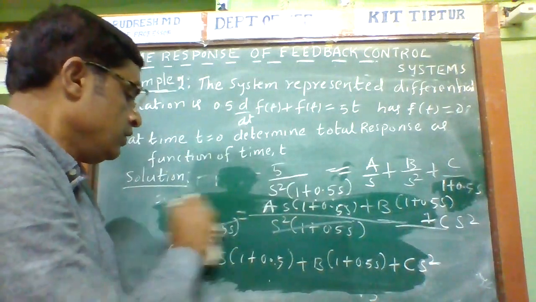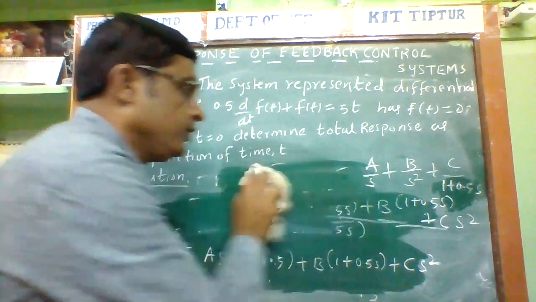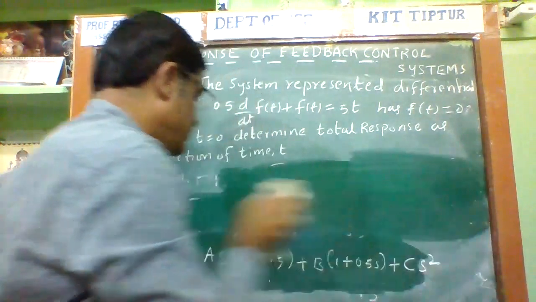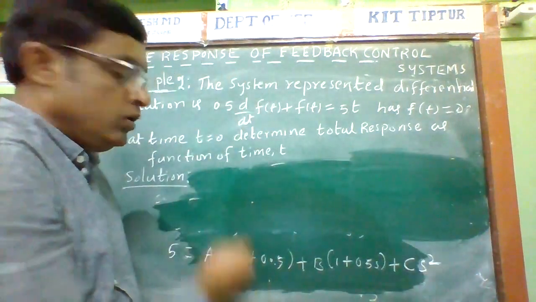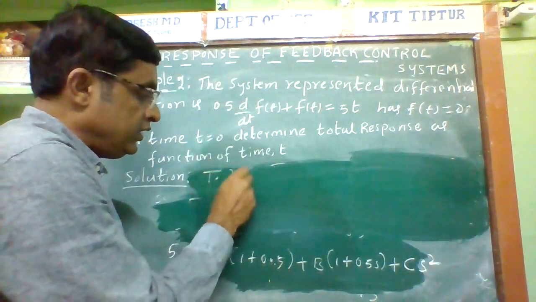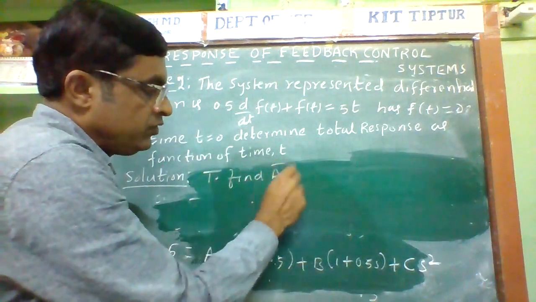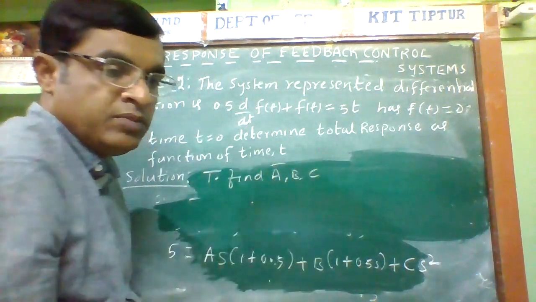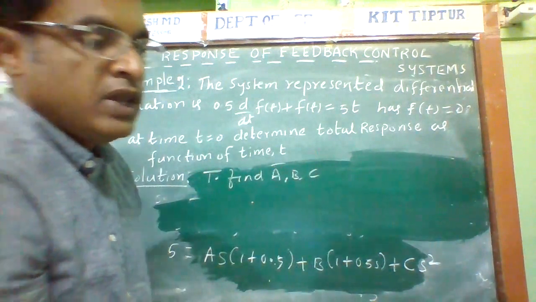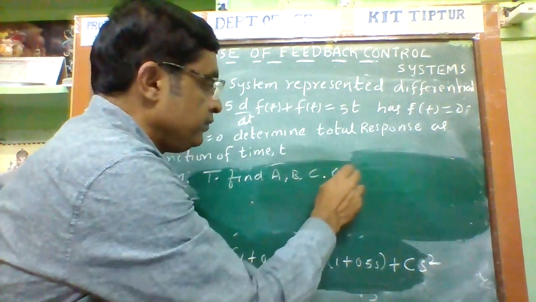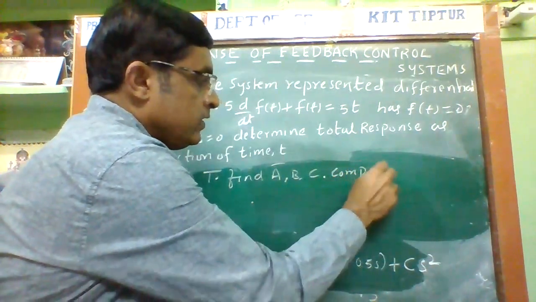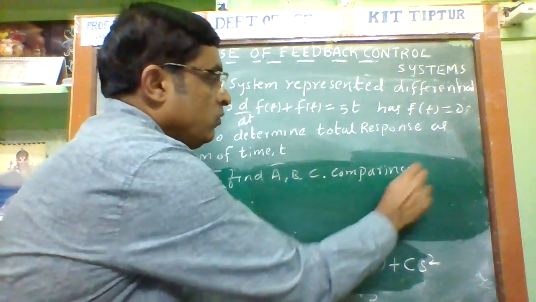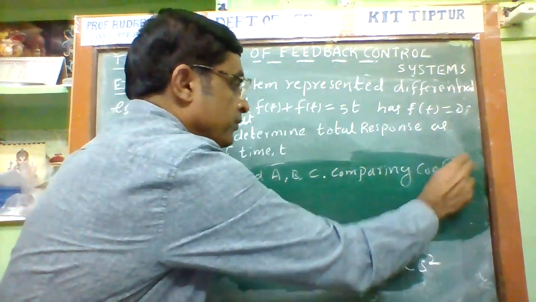To find the a, b, c values, we compare the coefficients of like terms.